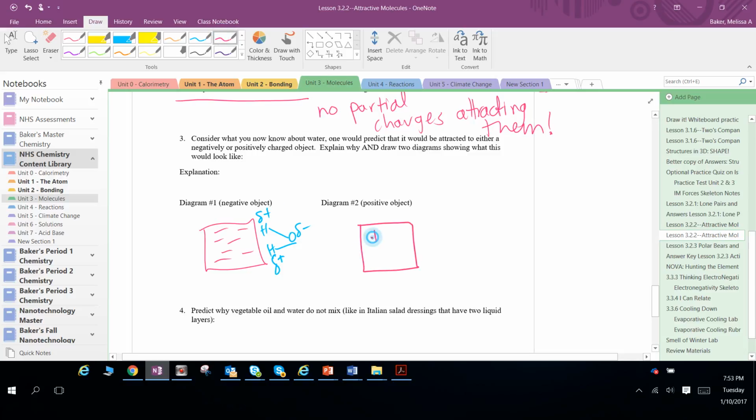But if you had a positive object, the opposite would happen. The oxygen would be attracted to that side, that positive box, and the hydrogens would be pushed away.